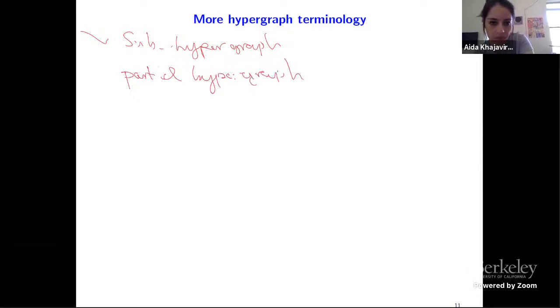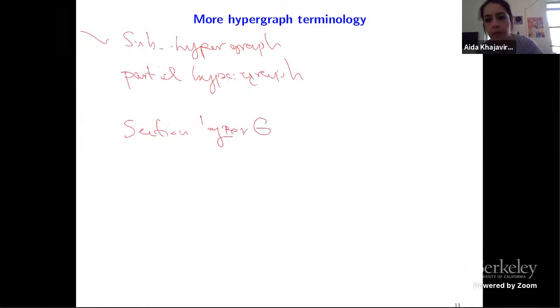Okay, so I already told you what a sub-hypergraph was. We defined that one already. There are two other things, and again, it's a bit confusing because in the case of graphs it's slightly different. We also have partial hypergraphs, and then we also have section hypergraphs.